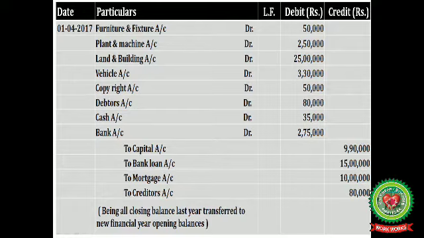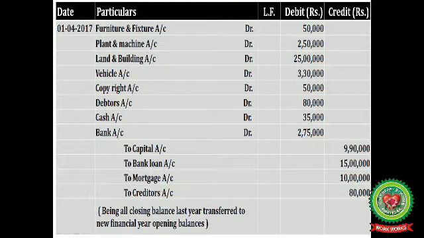1st April 2017, furniture account debited 50,000, plant account debited 2,50,000, land account debited 25 lakhs, vehicle account debited 3,30,000, copyright account debited 50,000, debtors account debited 80,000, cash account debited 35,000, bank account debited 2,75,000.